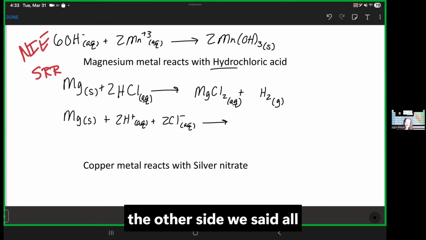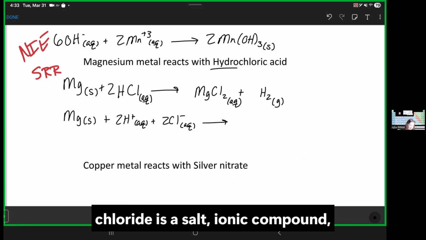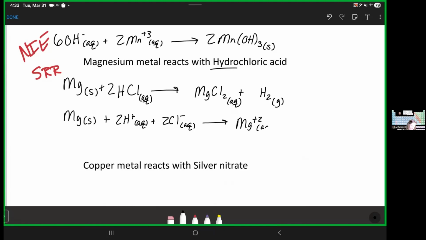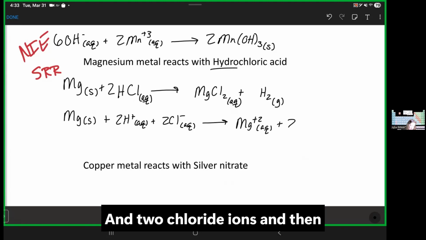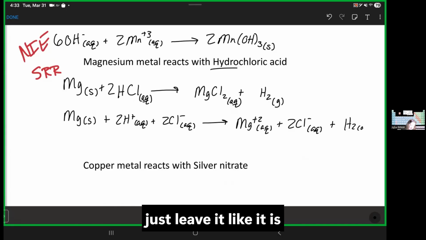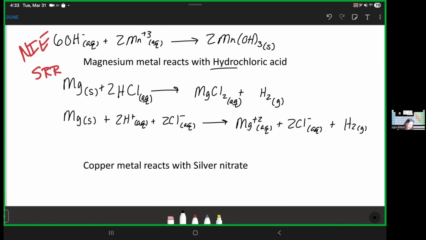Over on the other side, we said all aqueous salts are strong. Magnesium chloride is a salt, an ionic compound, so I get a magnesium ion and 2 chloride ions. And then that hydrogen is a gas. We just leave it like it is because we only split strong aqueous.